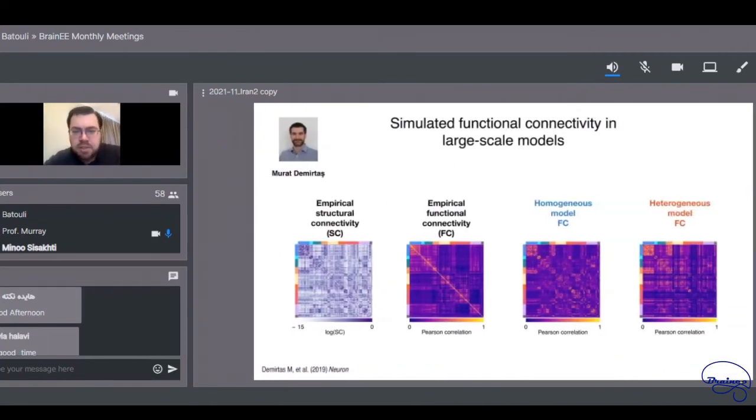Okay, so this is what we did, and then we can fit the model to the empirical functional connectivity. Here on the left, you have the empirical structural connectivity. That's the scaffold of interactions of the different dynamical nodes in the network. We have the empirical functional connectivity as our target, and then we can see what the best-fit models are for the homogeneous model, with local properties which are the same, and the heterogeneous model, where local properties can follow this hierarchical gradient. And we can see how well they do.